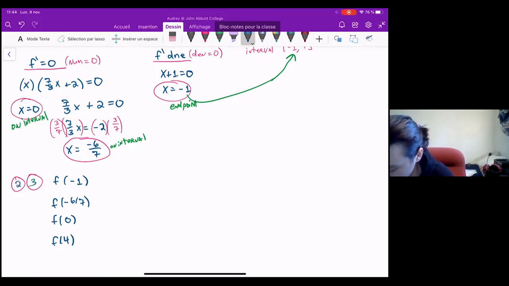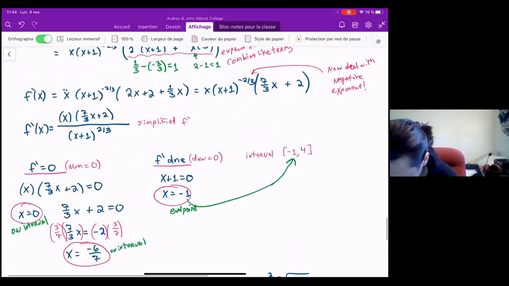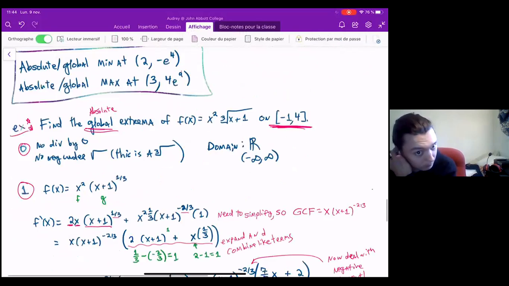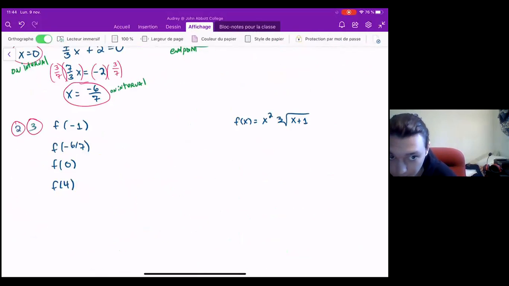And remember that our original function was x squared times the cubed root of x plus 1, if I'm not mistaken. Yeah, okay. So our original function was x squared times the cubed root of x plus 1. And I plug each of these things in.